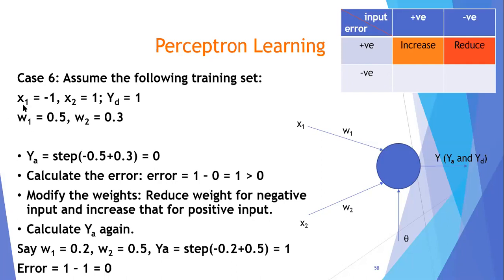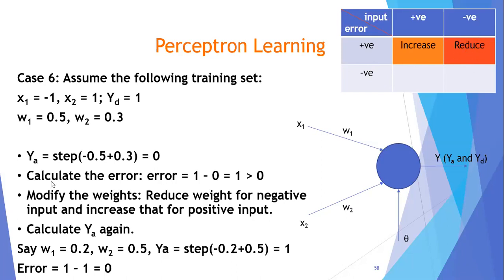But for x1, this is the new combination we are analyzing. In case your error was positive and your input was negative, you will need to reduce the weight. You won't increase it because overall you want the weighted sum X to increase y. So for this combination, you're going to reduce the weight.